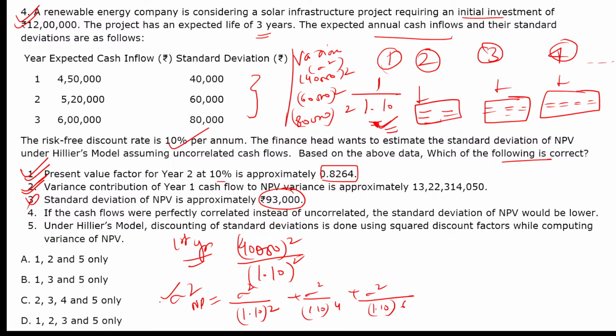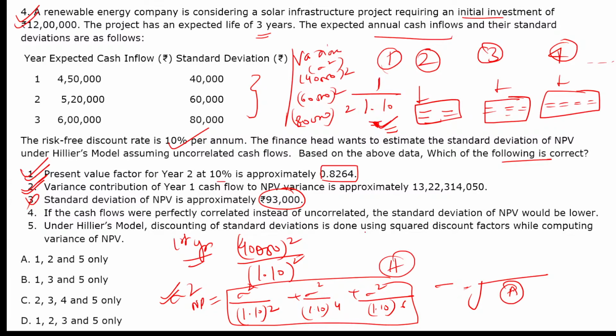So I will be able to find my variance for multiple years. If I have to find the standard deviation, the sum that I have got here, I am naming this as A, I will take the square root of it, which is not equal to 93,000. So the answer is different. So the correct option is incorrect.